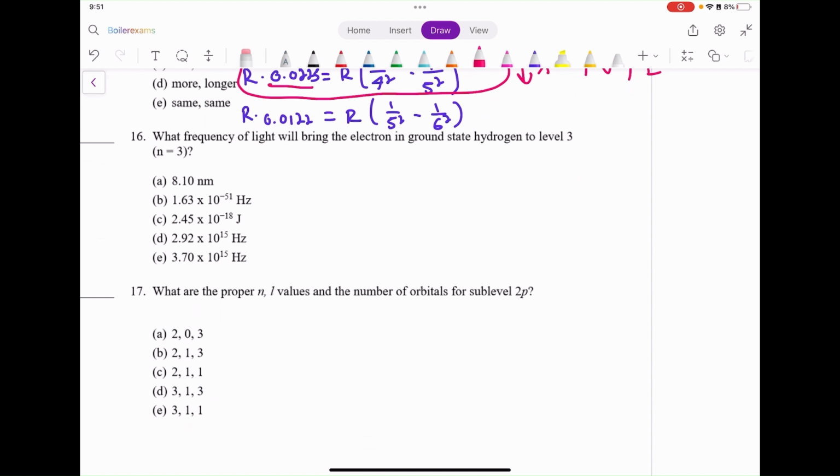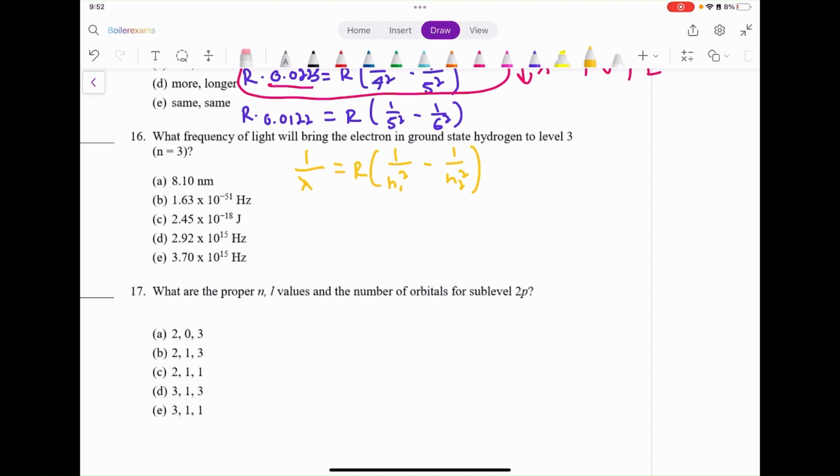What frequency of light will bring the electron in ground state hydrogen level to level 3? Okay, so once again, we're looking at the Rydberg equation. Let me write that. Maybe, does yellow look good? We'll try yellow. 1 over lambda, the wavelength, equals R, the Rydberg constant, times 1 over the lower energy level minus 1 over the higher energy level.